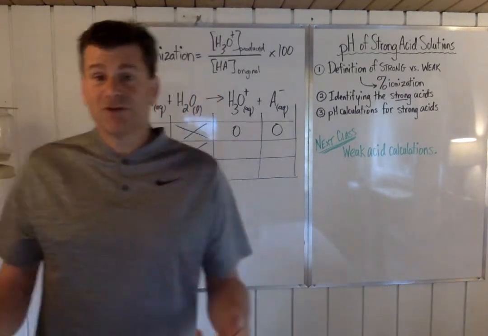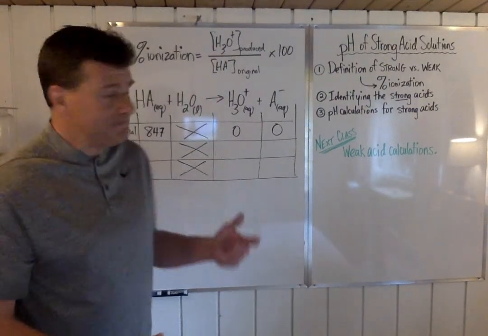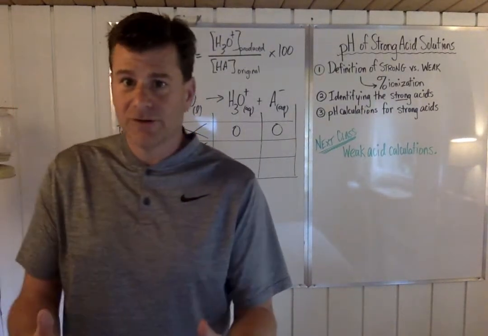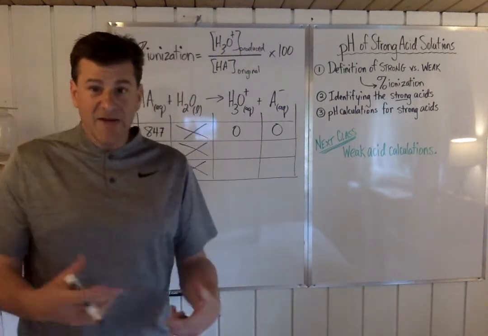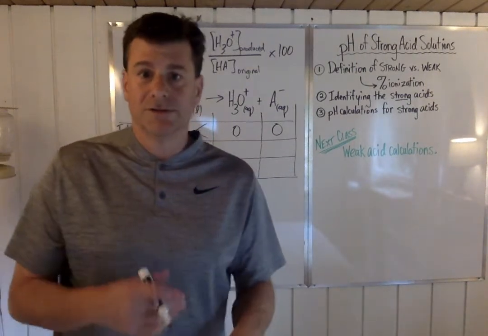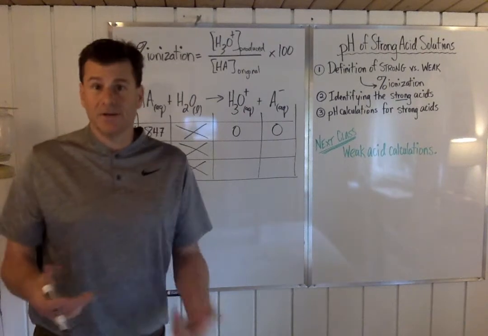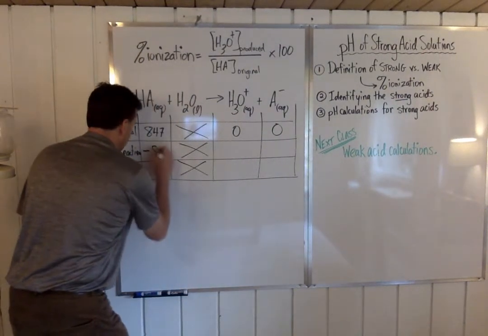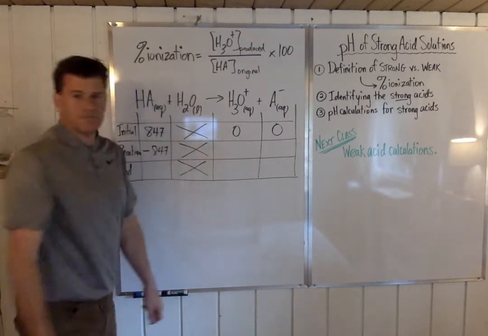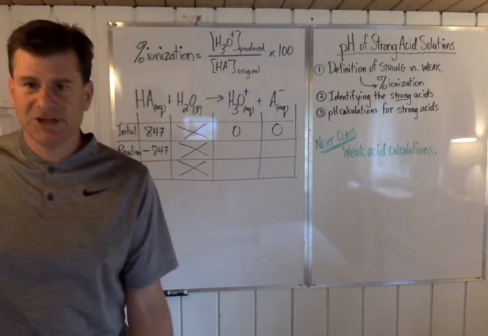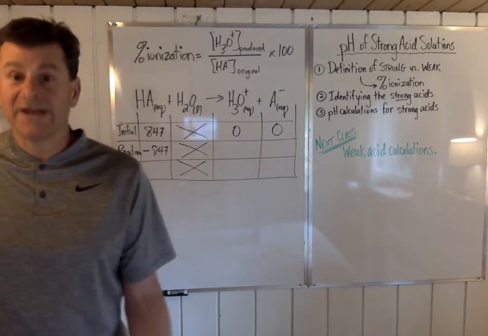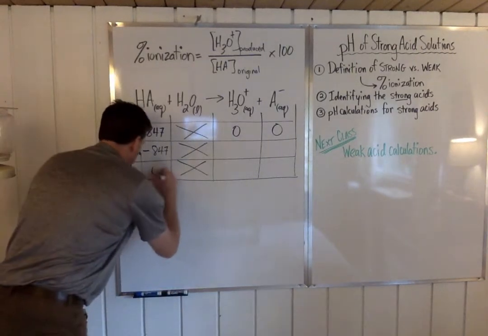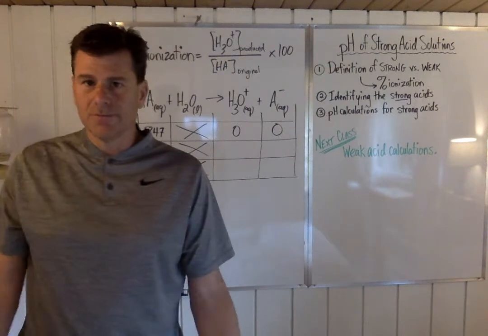So to demonstrate the concept of percent ionization, if we start with 847, and every single one of those molecules, all 847 of them, chemically reacted, how many HAs would we end up with? Well, 0, none of them. They'd all disappear.